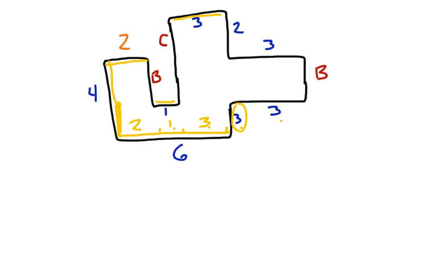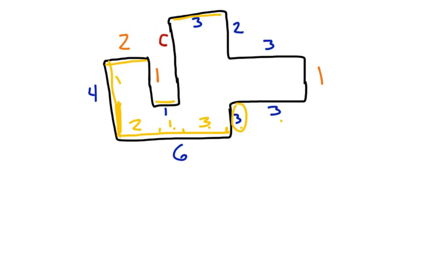Well, if the whole thing is 4 and that much is 3, even though it may not look like it, this piece right there is equal to 1. And so now I know that the part that I have labeled as B is 1. That also tells me that this piece over here that I labeled as B is a 1.